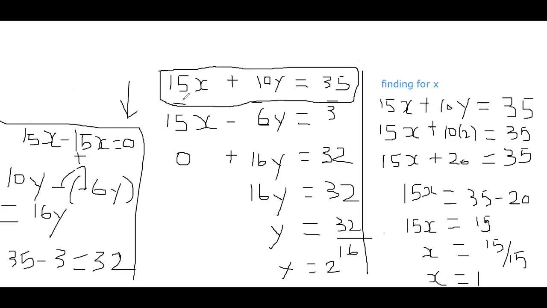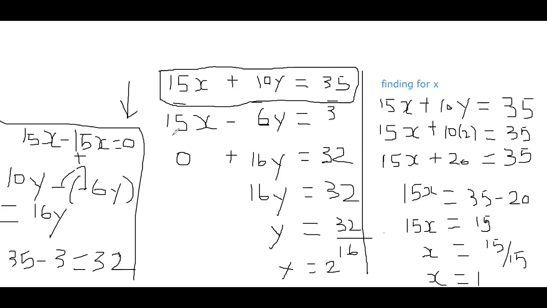So for the first equation, we have 15x plus 10y equals 35. So now we substitute. 15 times 1, because in this case x is 1, is 15, plus 10 times 2. 10 times 2 will give us 20. So this 20 plus this 15 will give us 35. So that one is correct.